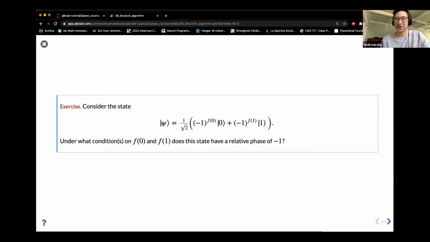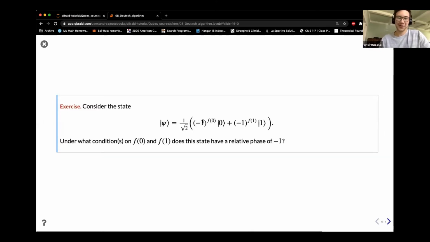What if f of x is constant? Yes, if f is constant, these two values are the same, which means that the two amplitudes for ket 0 and ket 1 will also be the same. In other words, they're either both +1 or both -1. The output is still random, but here I'm not concerned about the measuring yet.